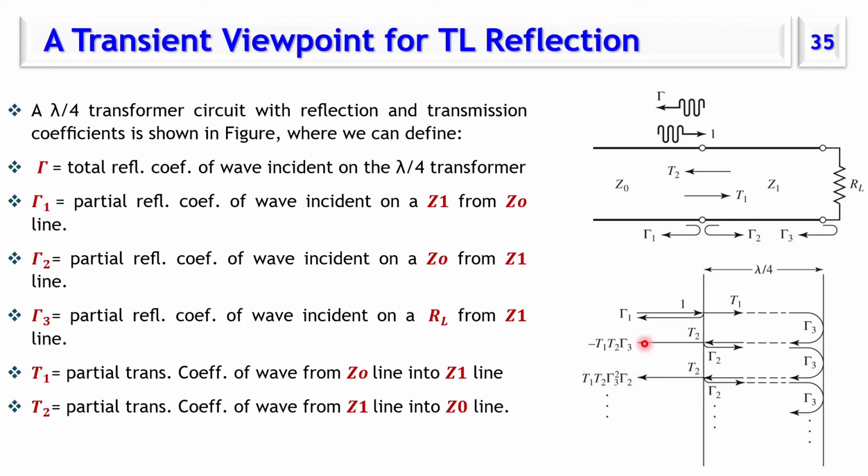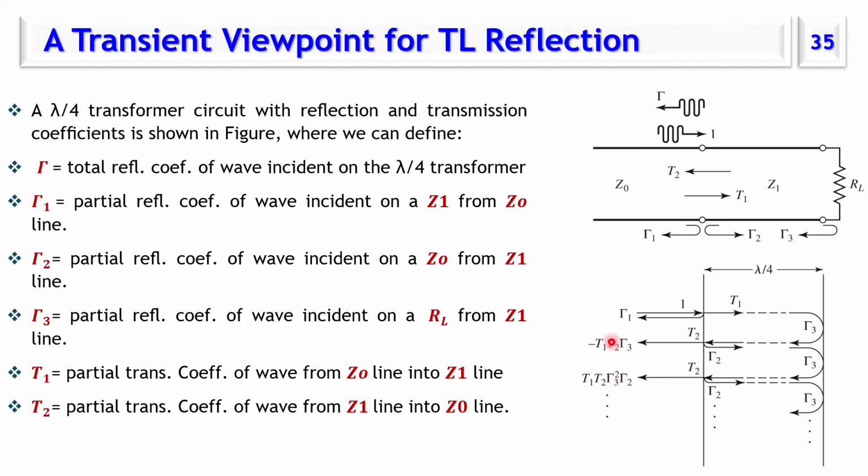So we'll keep having this sort of geometric series. Each time it is getting smaller and smaller. And what is the geometric coefficient? It is gamma 2, gamma 3. Starting from this element here, this is the first element of the geometric series.